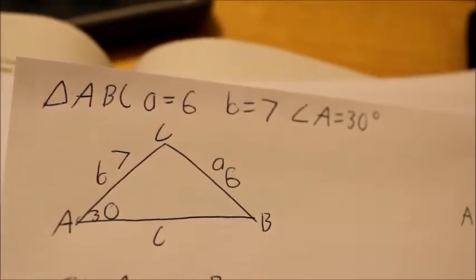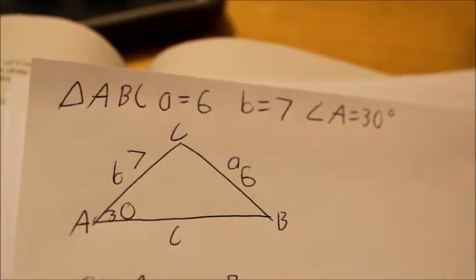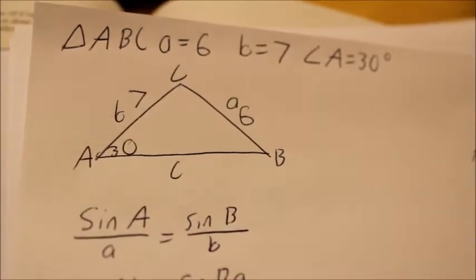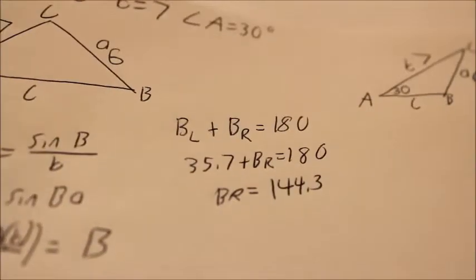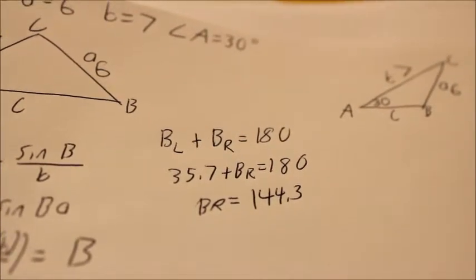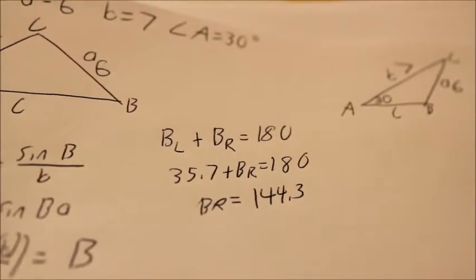Ambiguous triangles can be solved simply by first looking at the triangle we have seen before. We can use the law of sines as previously done to find the angle of B. As previously stated, the angle B of the left triangle is supplementary with the angle B of the right triangle.